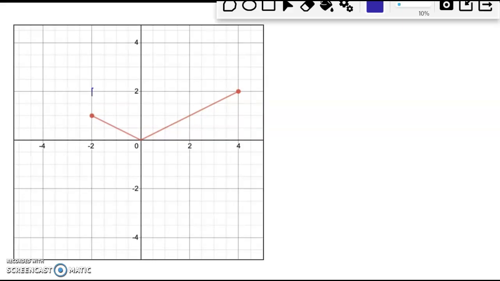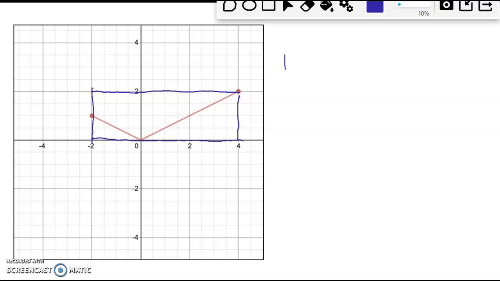We want to draw a box to enclose the graph completely, like so. All right, so this tells me the domain will be the x-axis.